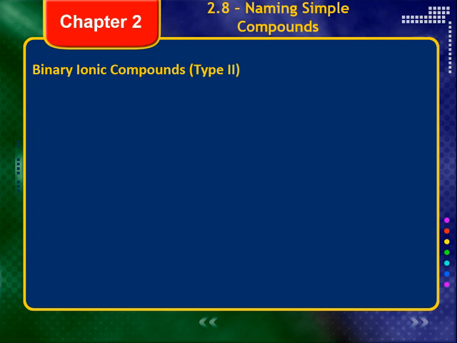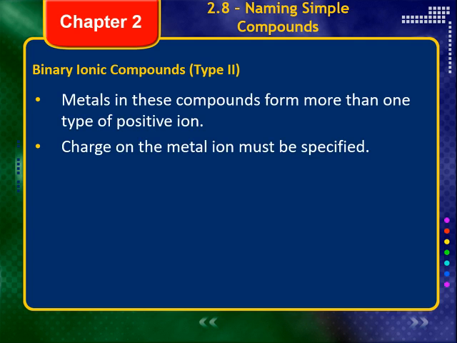Moving on to type 2. We're still talking about binary ionic compounds, but very specifically, the metal in this binary ionic compound is going to be one of those metals that forms more than one type of positive ion, meaning sometimes it's a +1, sometimes it's a +2, maybe sometimes a +3, maybe sometimes a +4, but it's forming more than one charge.